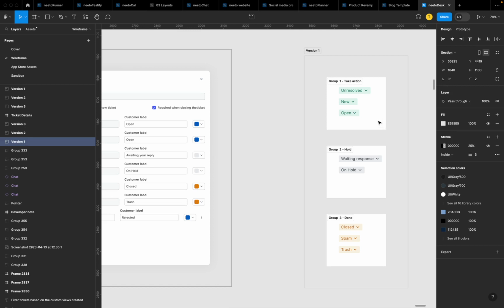So what I was thinking is going with this sort of color combination: green representing that you need to take an action, and the hold bucket represented by a light gray shade, which had statuses like waiting for customer, waiting for response, or on hold. And the third one is done, which had statuses like closed, spam, and trash, which means the agent doesn't have to take any action.